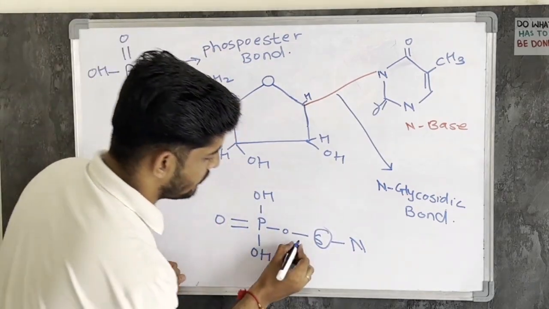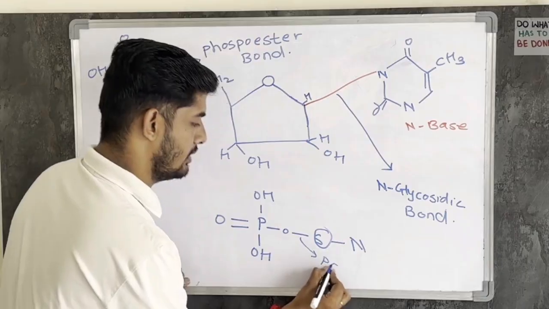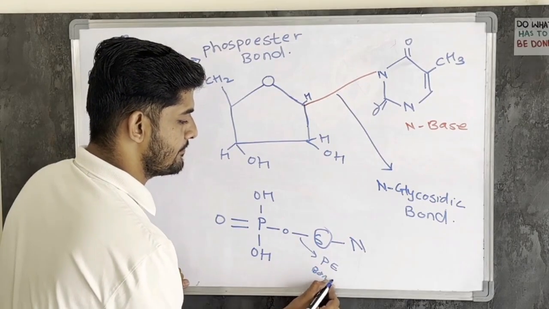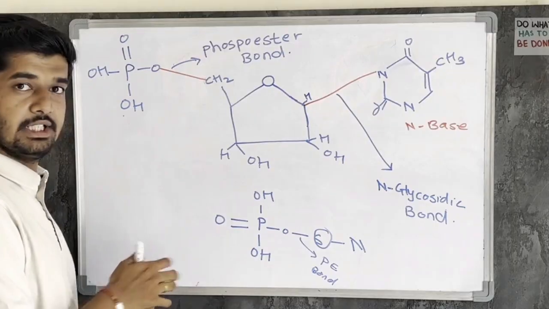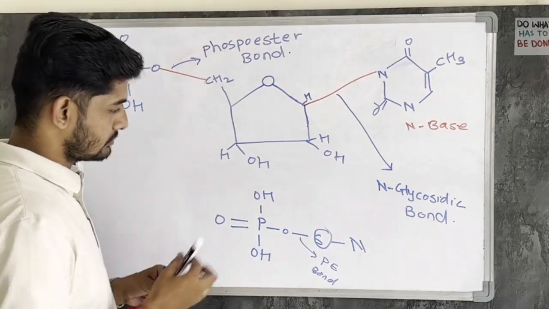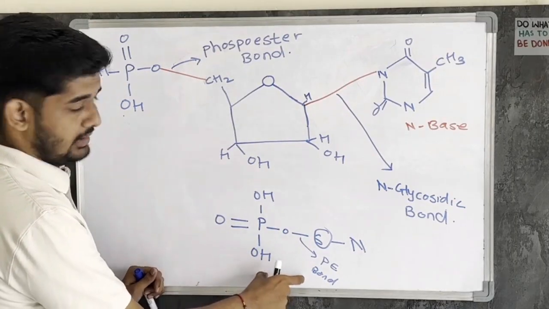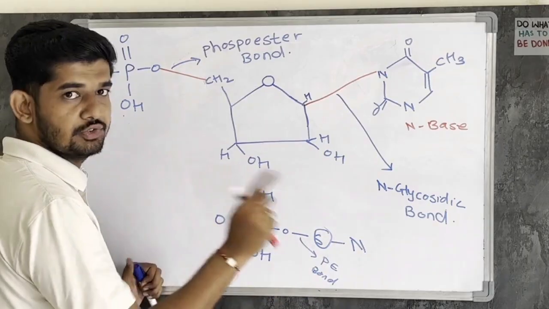So this is the phosphoester bond. Remember, the phosphoester bond is within a nucleotide. Now, this is our second nucleotide. It is having sugar, nitrogen base, and the phosphate group.